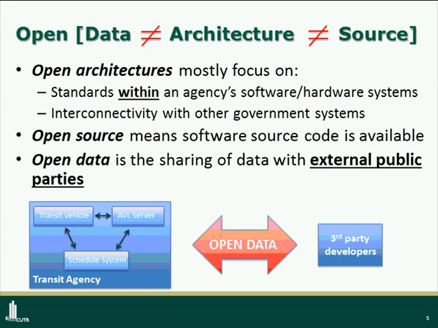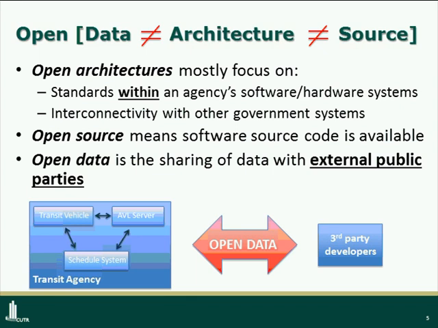One thing that's important to distinguish when we're talking about the concept of open data and other things that are open in the realm of technology: there's 3 common terms which tend to be interchanged by some people that aren't really familiar with them, and it's important to distinguish that these are all unique terms that mean different things to developers. So open architectures first.